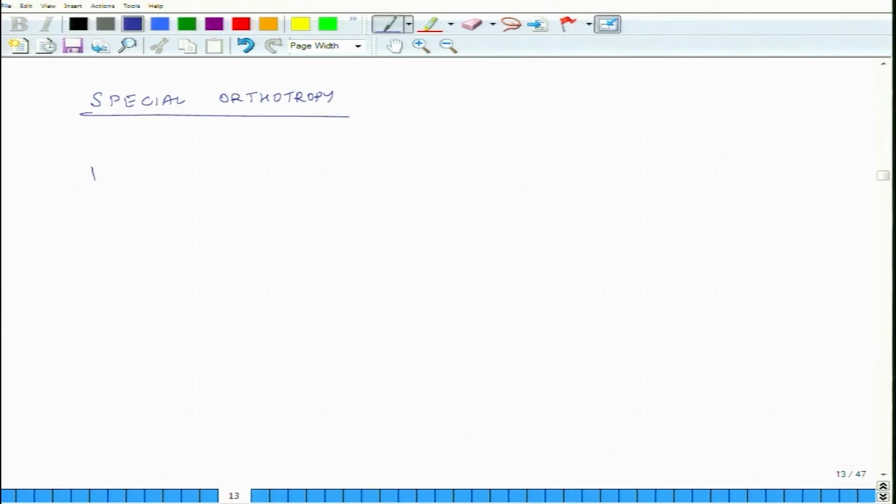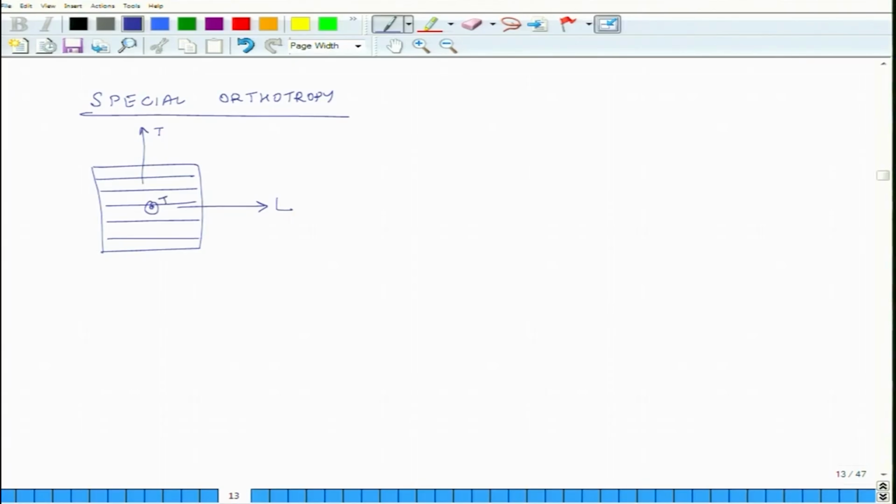So, this is my material and let us say this is the direction of the fibers. So, this is my L direction, this is the T direction, and the direction normal to the plane of this board is the T prime direction.